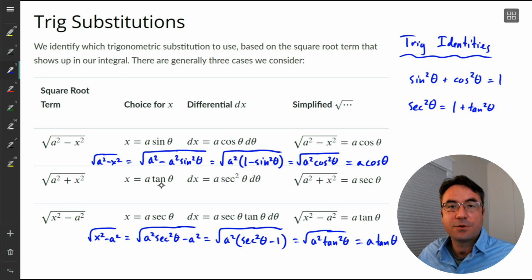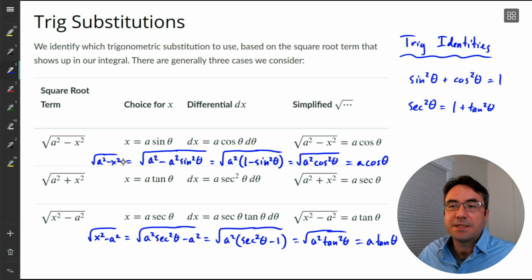Same thing if we're choosing x equal to a times tangent theta. What's that square root going to become? A times secant theta. I think of secant and tangent as opposites. And if x is going to be a times secant theta, when we go through our simplification of that square root term, it ends up being the opposite, a times tangent theta.